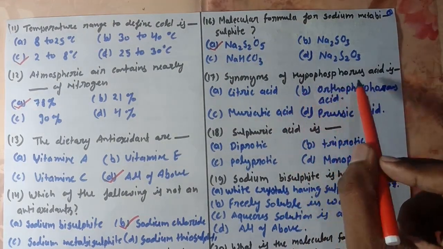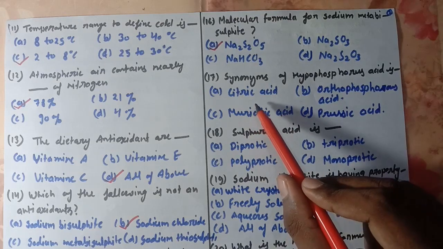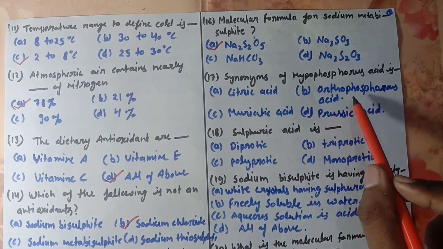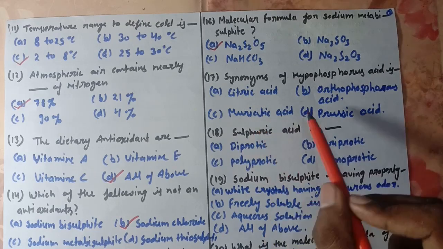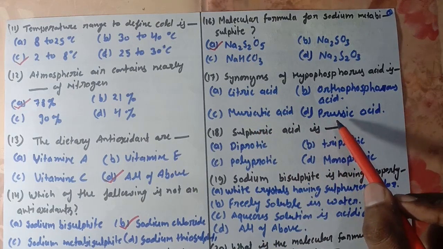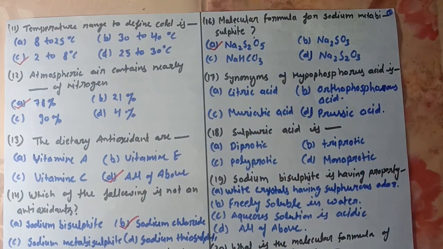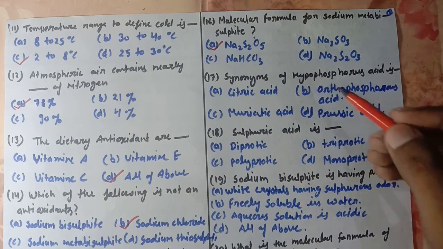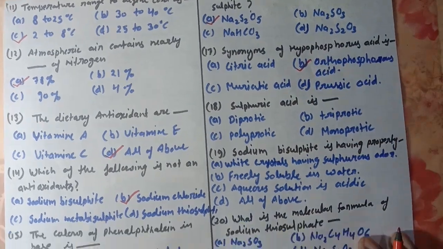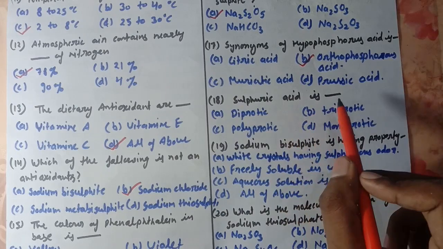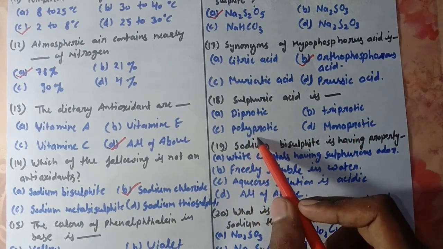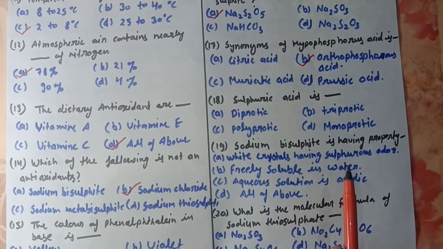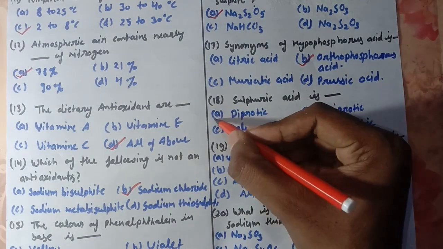Synonym of hypophosphorus acid is option A citric acid, option B orthophosphorus acid, option C muriatic acid, option D prussic acid. So the answer is B, orthophosphorus acid. Question number 18. Sulfuric acid is option A diprotic, option B triprotic, option C polyprotic, option D monoprotic. So the answer is A, diprotic.